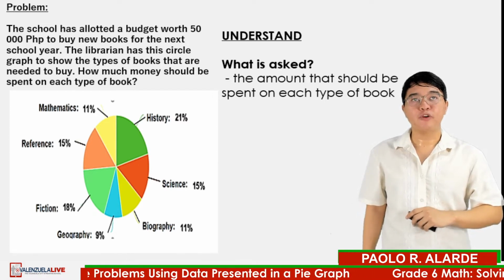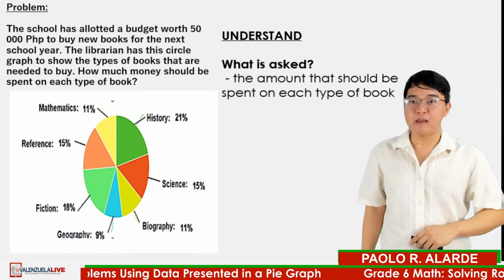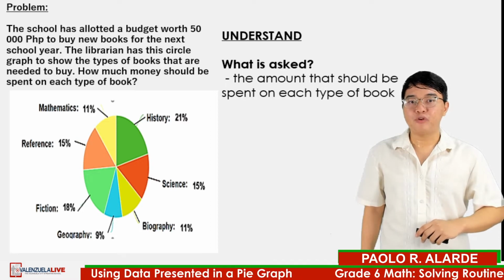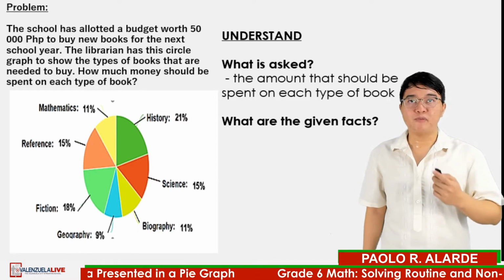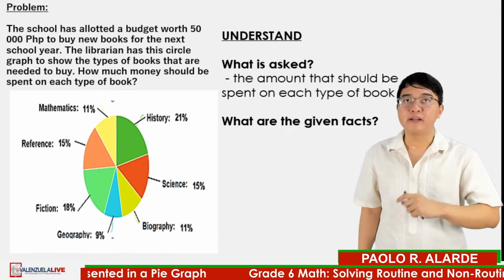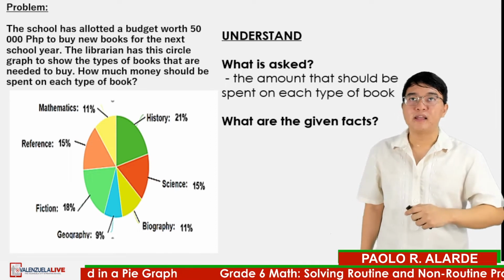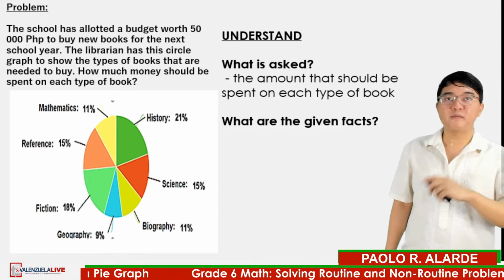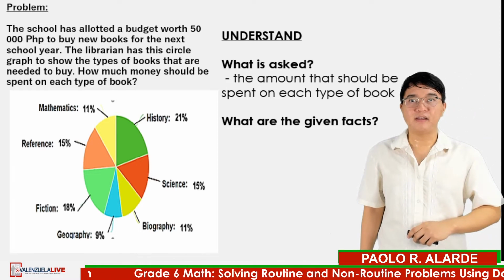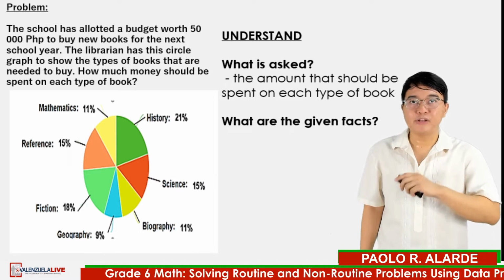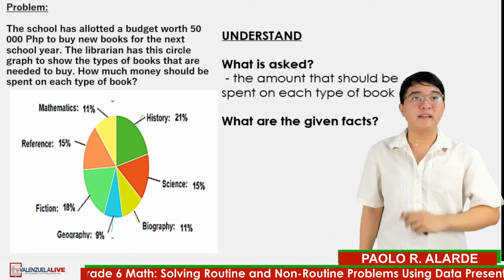Now, after knowing what is being asked in the problem, we also have to know what are the given facts or the given information that is stated in the problem. This information will help you solve the problem. So what are the given facts that you can see in the pie graph?